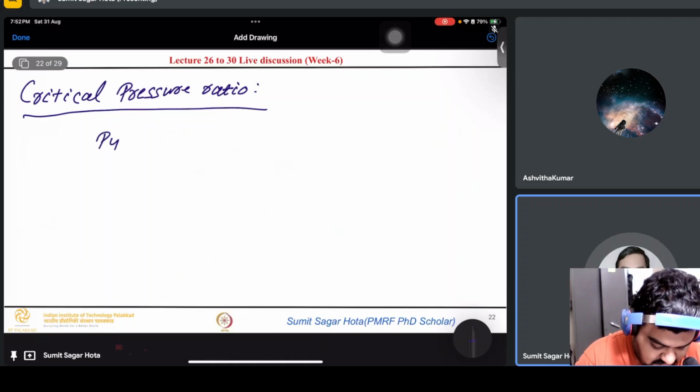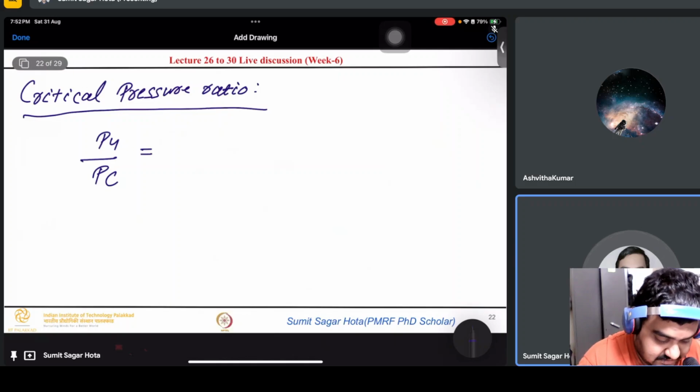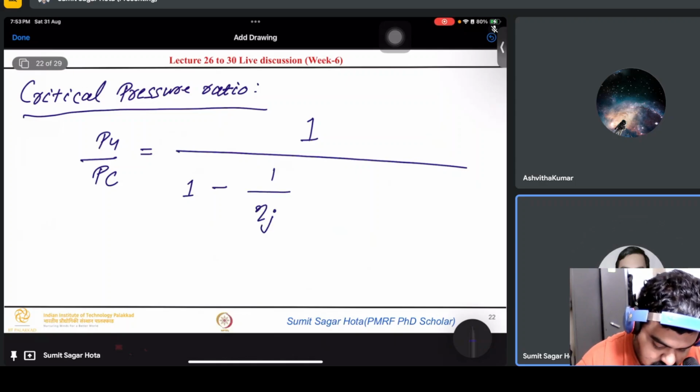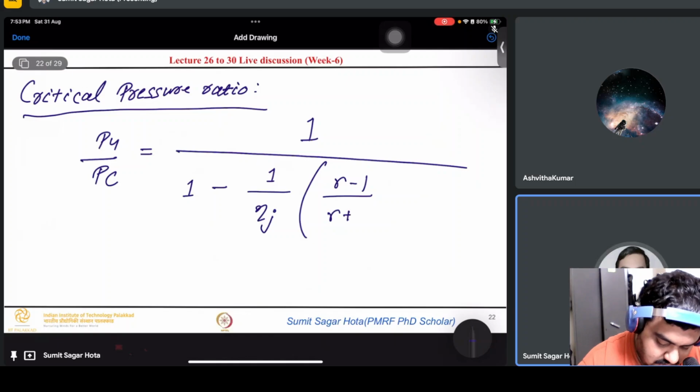So P4 by PC is your critical pressure ratio. The formula is 1 divided by (1 minus 1 by nozzle efficiency into (gamma minus 1) by (gamma plus 1)) to the power gamma by gamma minus 1.